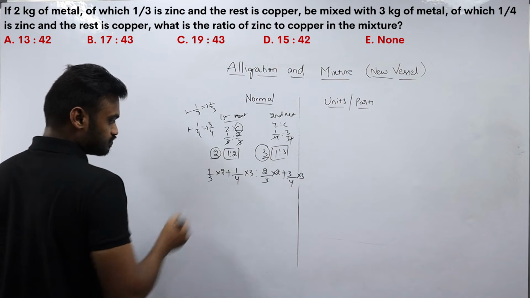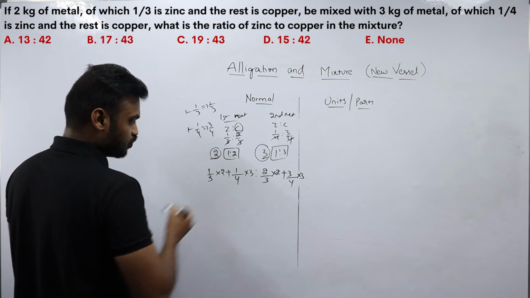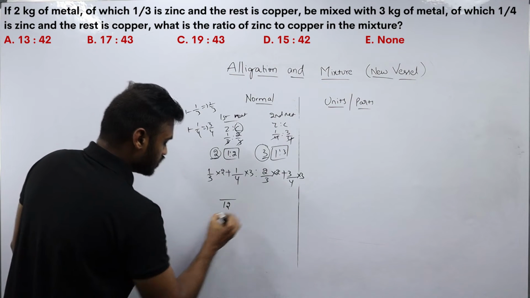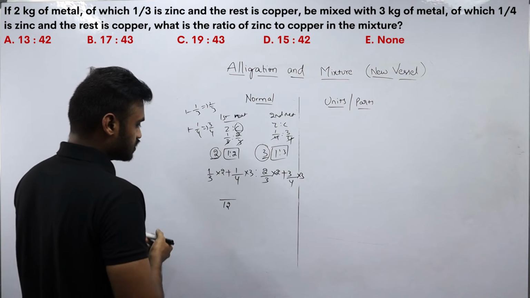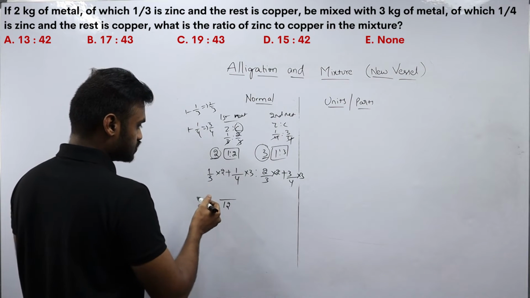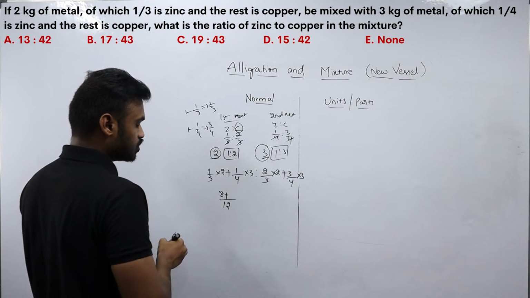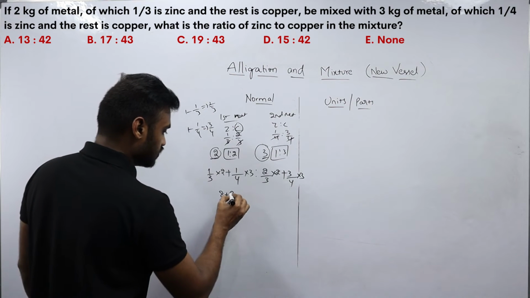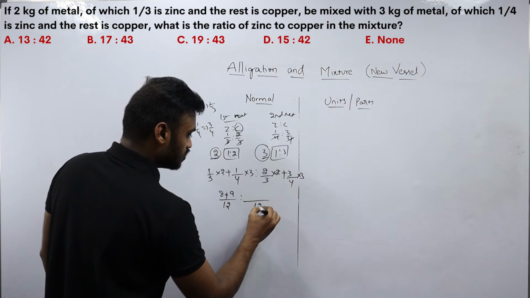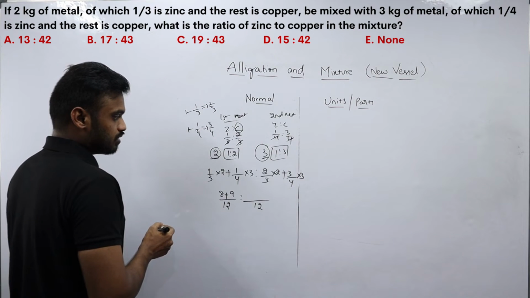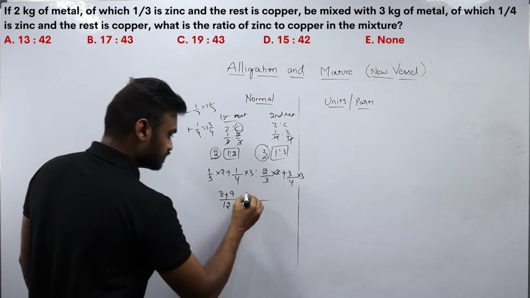Okay, see here, the LCM of 4 and 3 will be 12. 1/3 into 12: 3 4s are 12 and 4 2s are 8. 8 plus 1/4 into 12: 4 3s are 12 and 3 3s are 9, which is 9. For copper, 2/3 into 12 multiplied by 2: 3 4s are 12, 2 2s are 4, 4 4s are 16.